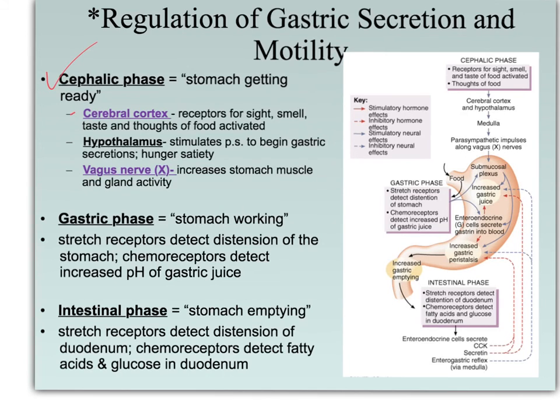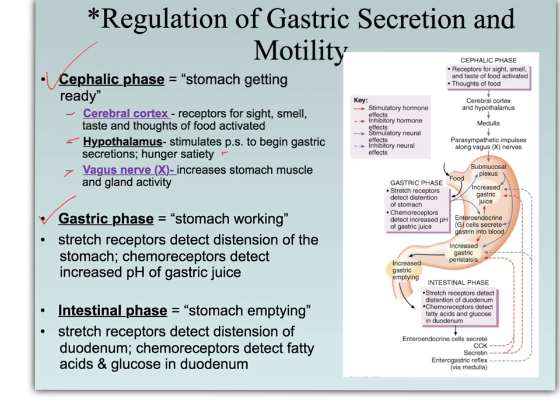The hypothalamus starts the secretion of gastric juices. It also, remember, is our hunger and satiety centers right there. So it tells us, oh, hey, I'm hungry right now, or I'm full, let's slow it down. And then the vagus nerve, our largest cranial nerve in the body, goes down into the stomach and the abdominal cavity and increases the activity of the glands that are there.